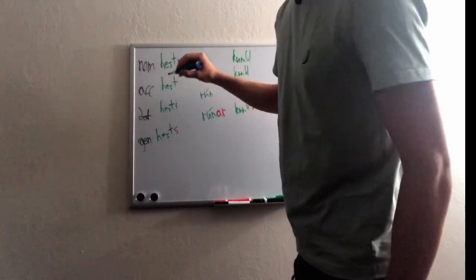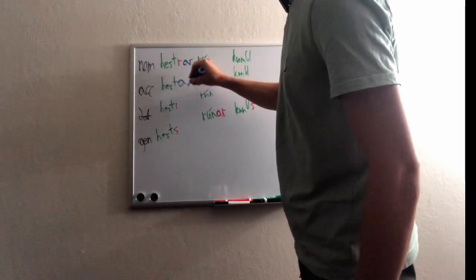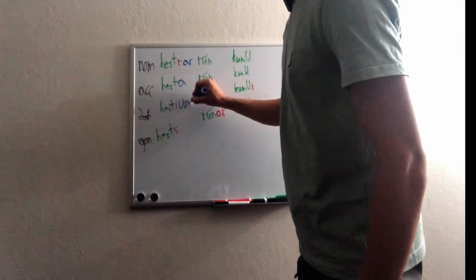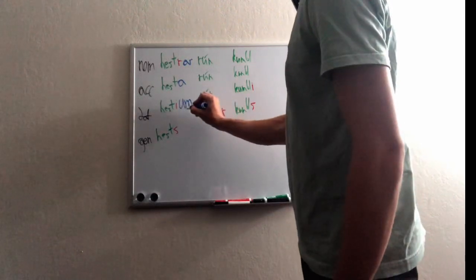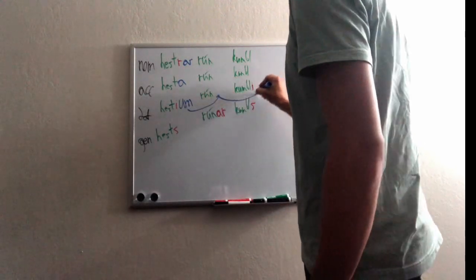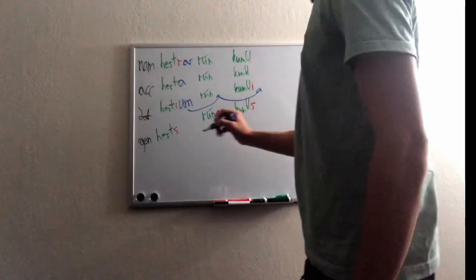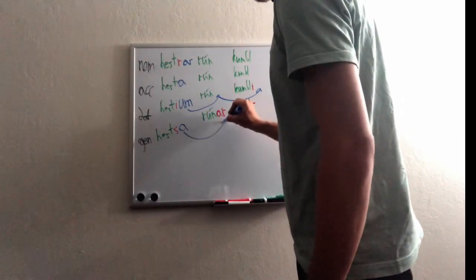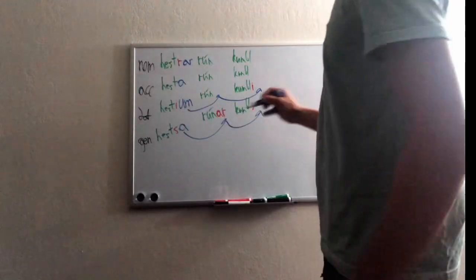Then again we have hästa. Notice the R just kind of drops off. Our dative plural is always um, the whole way for plural. And then our genitive is always an A, also the whole way.